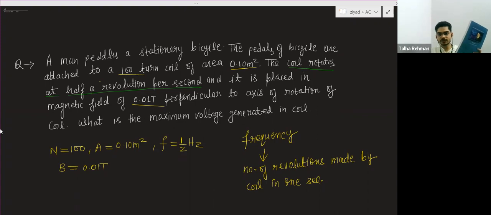There will be some axis of rotation of this coil. Suppose this coil is rotating like this. So the axis of rotation will be in the upward, or vertical, direction, and the magnetic field is like this.